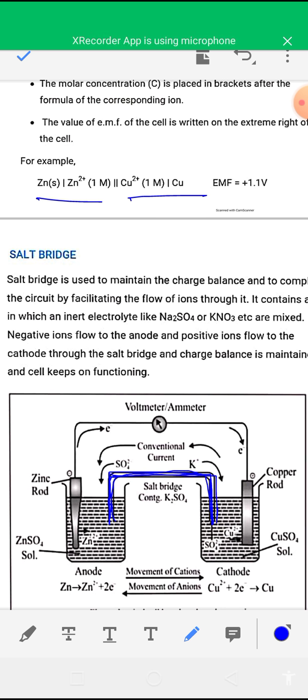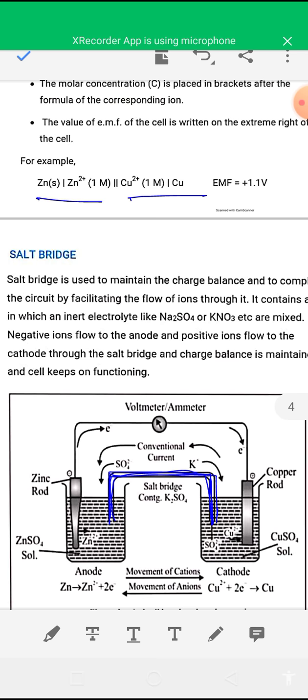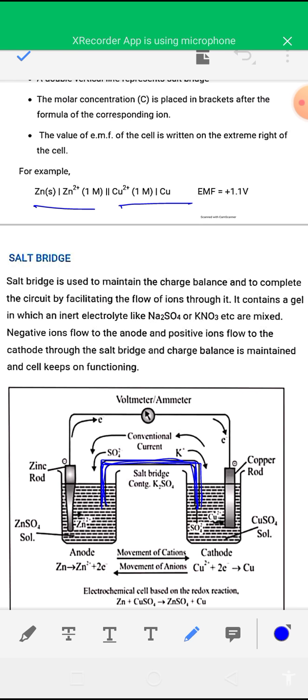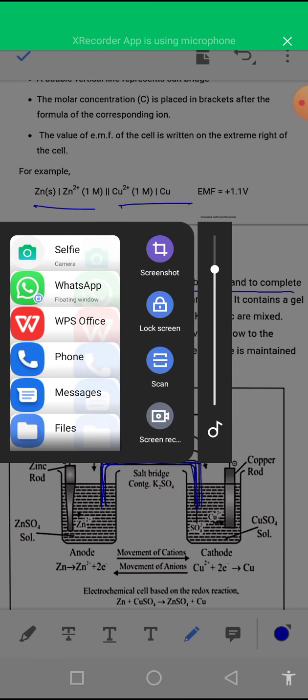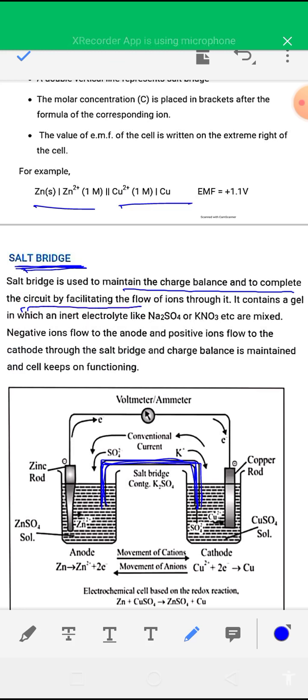potassium nitrate. So what is a salt bridge? Important point, important topic. A salt bridge is used to maintain the charge balance and to complete the circuit by facilitating the flow of ions through it.